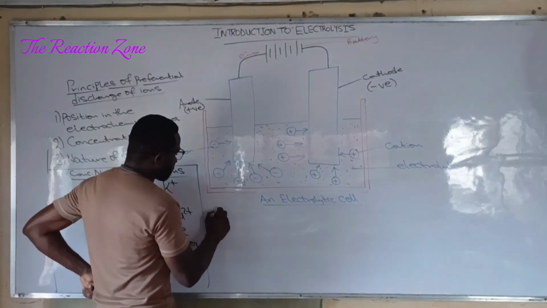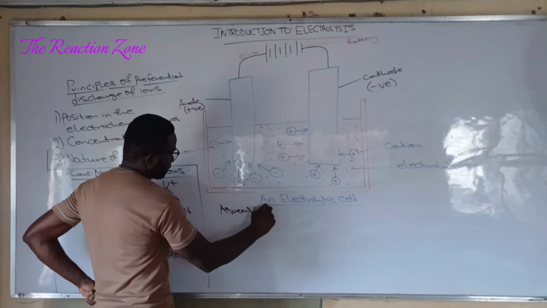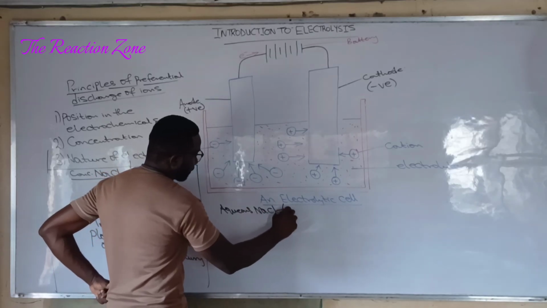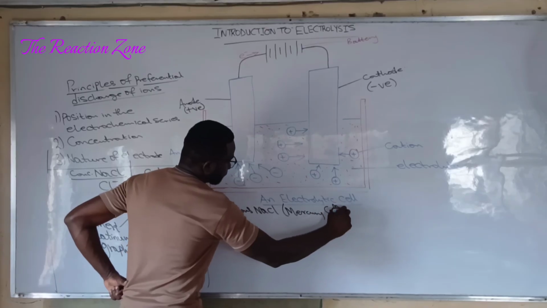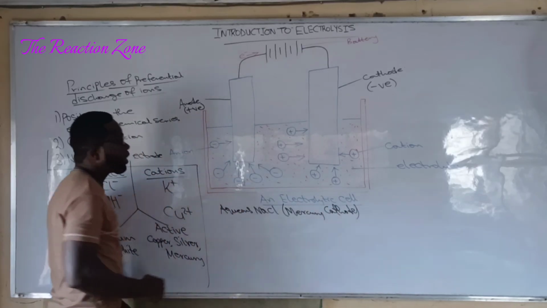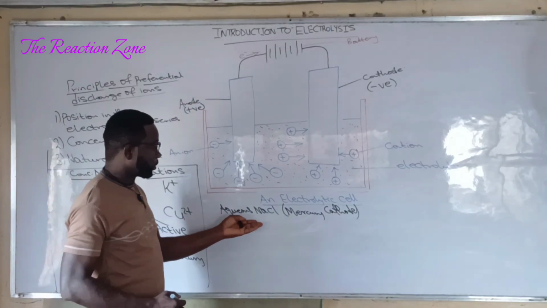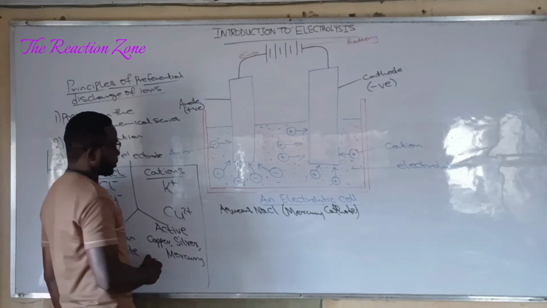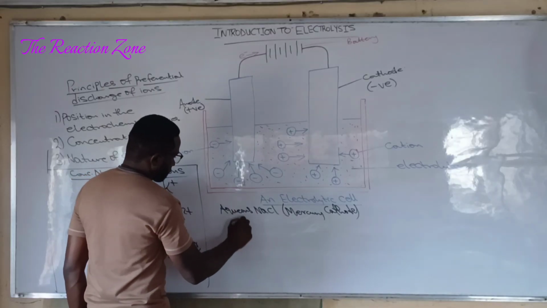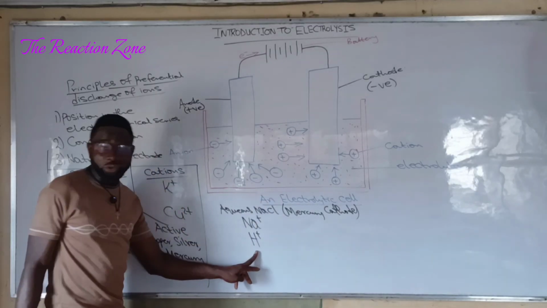In the electrolysis of aqueous NaCl, using mercury as the cathode, for instance, what happens? There are two types of cations in solution. Sodium ion and there is hydrogen ion from water.